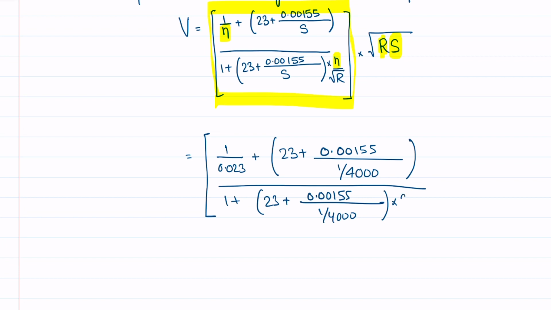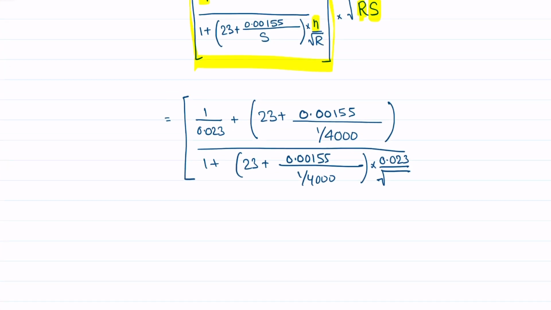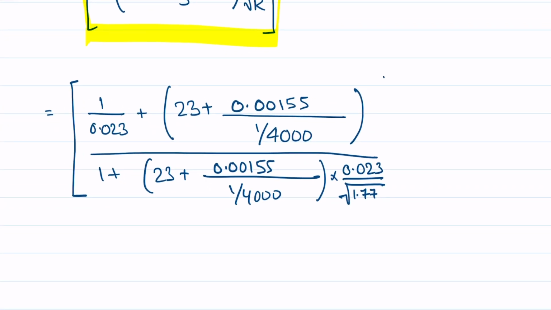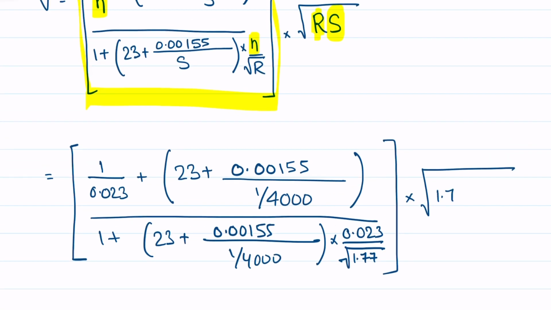What is the value of n? 0.023 divided by under root of r. The value of r is 1.77 meters. So this is into under root rs, which is 1.77 into 1 by 4000.